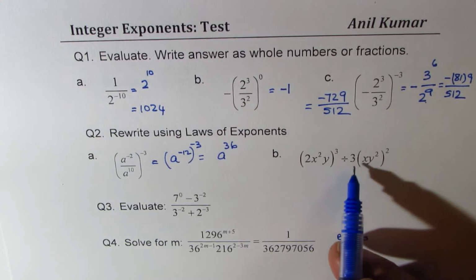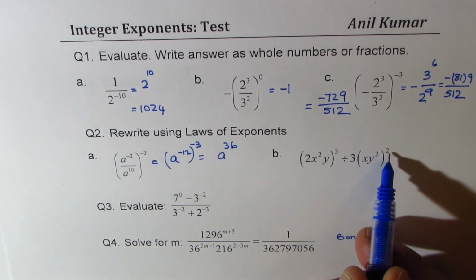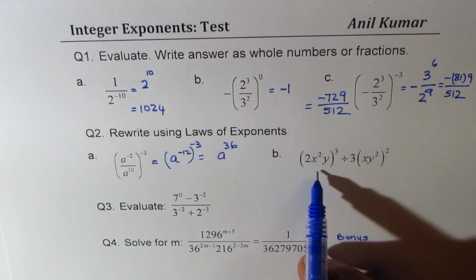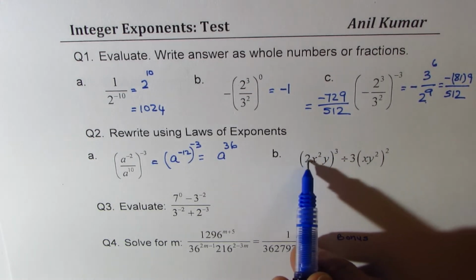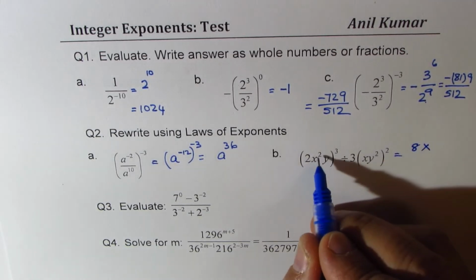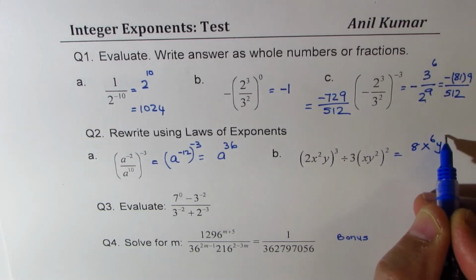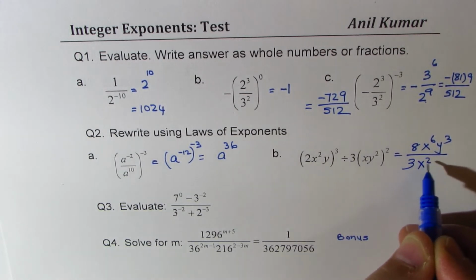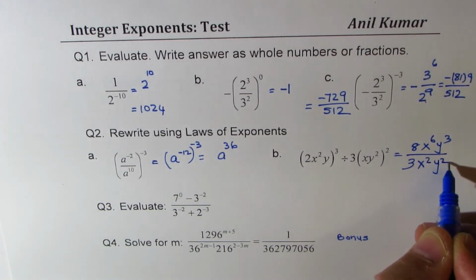Here we have 3 outside. This power of 2 is not on 3. And this cube is on all these numbers. So 2 cube is 8. So let me write down 8, x to the power of 6, y cube divided by 3, x square, y to the power of 4. Correct?